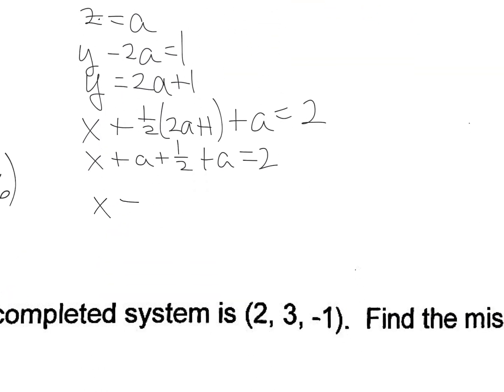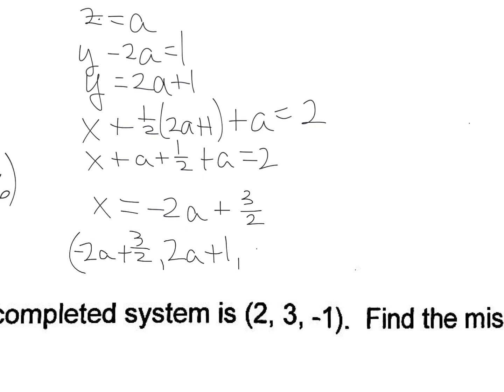So we add the a's together over here, gives us 2a. We move it over to the other side, gives us negative 2a. And then we have a half move over, so we have 2 minus a half will give us 1.5 or 3 halves.